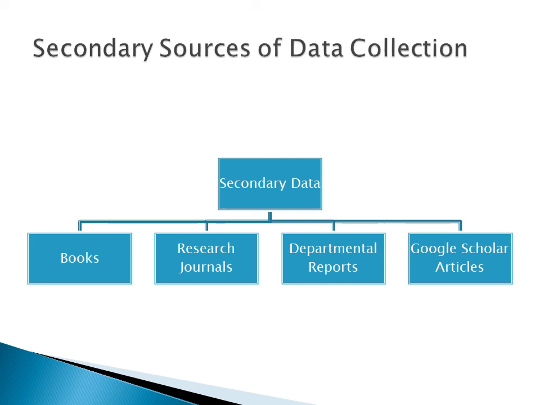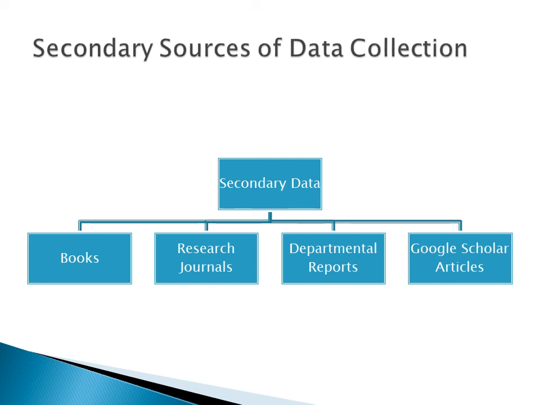Whatever data we collect from books, the theories, we have a very large part of literature review in our research. That literature is always collected through secondary sources, because we do not interview them, we do not give them a questionnaire, we do not observe them. We sometimes buy those books and consult them and develop our literature background or introduction background.